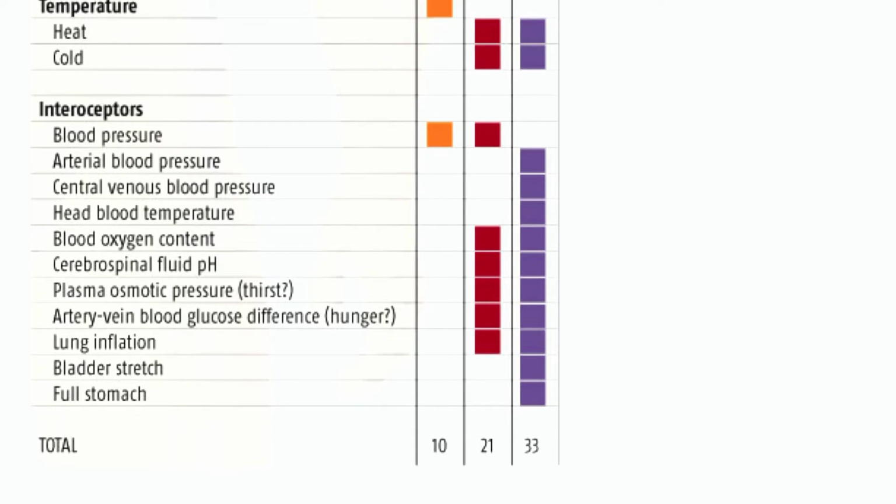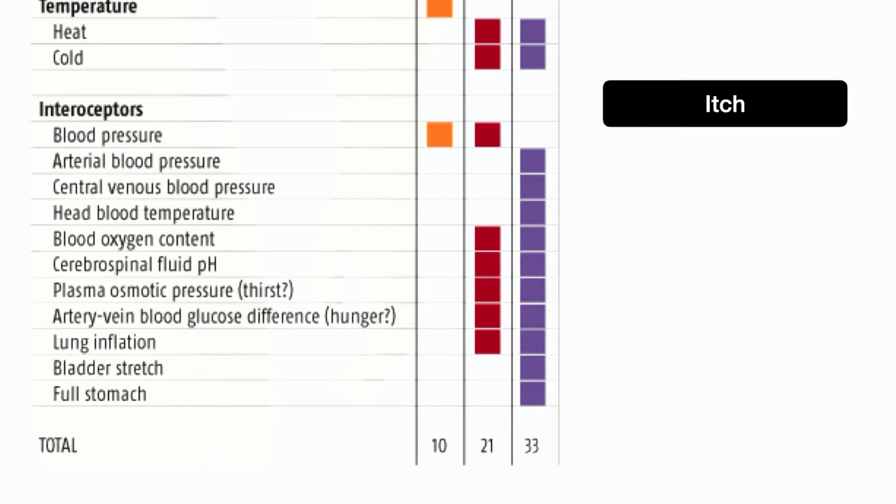And then interoceptors, a sensitivity to our own internal blood pressure, arterial blood pressure, central venous blood pressure, head blood temperature, body oxygen content, cerebral spinal fluid acidity, osmotic pressure. This might relate to thirst, arterial vein blood glucose difference related to hunger. Lung inflation, we certainly feel that when our bladder is full. We feel that when we have a full stomach. All of these things.